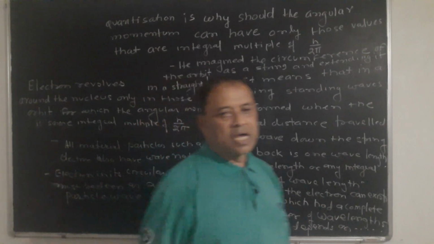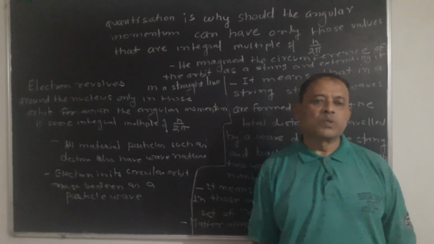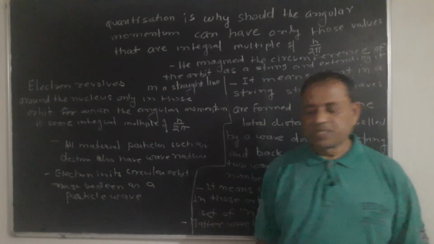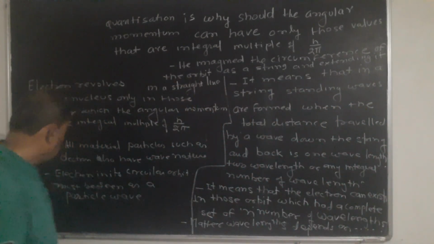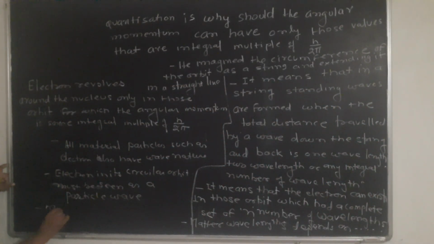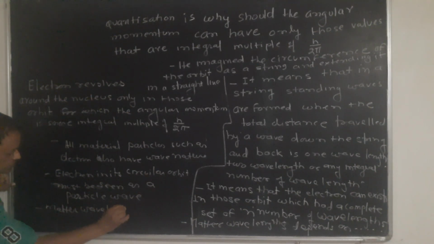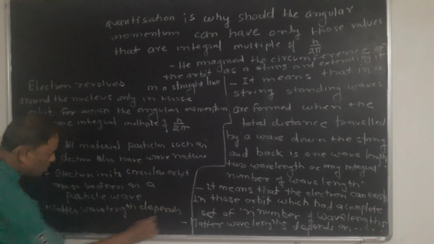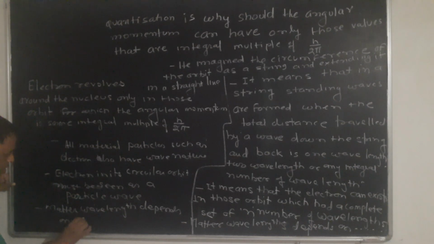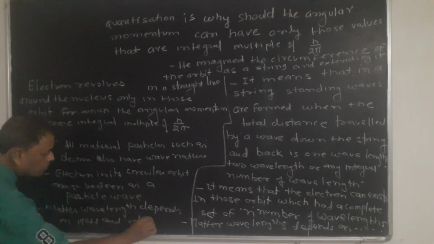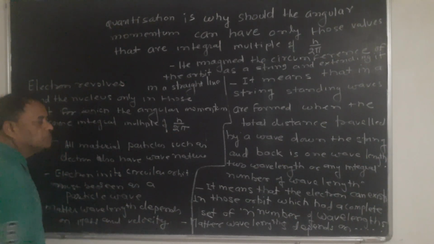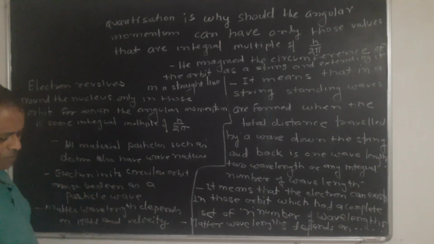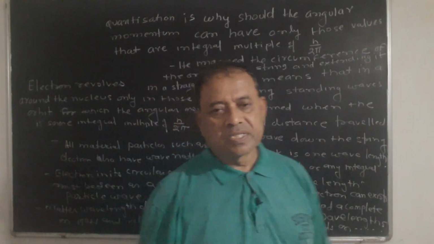This was the hypothesis given by de Broglie, and the matter wavelength depends on mass and velocity.